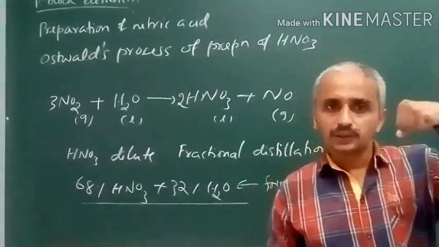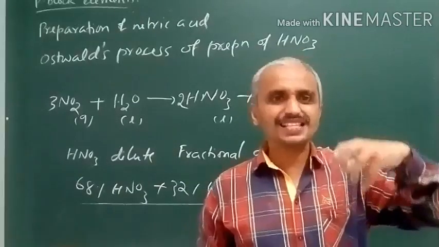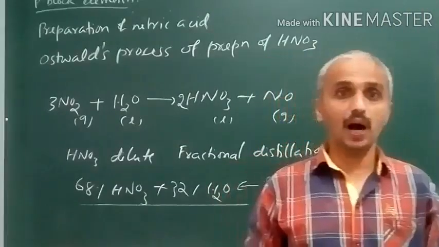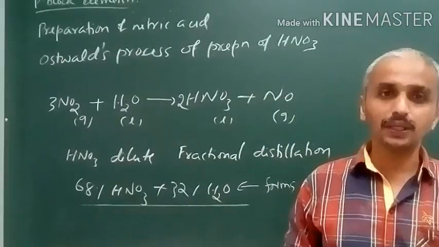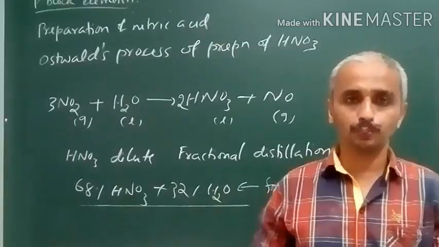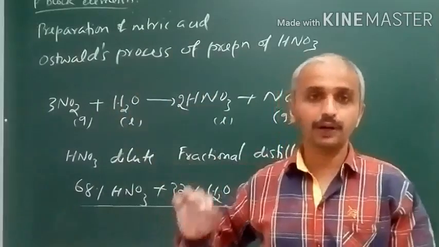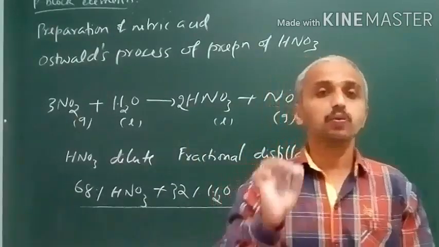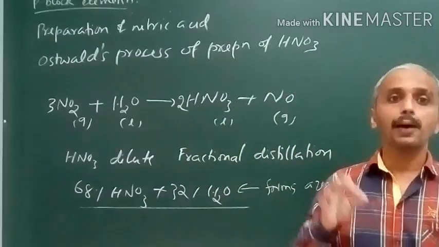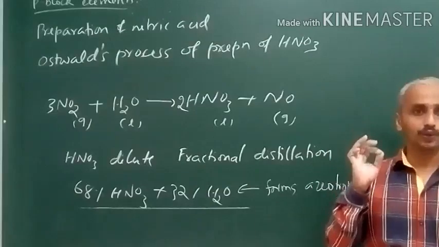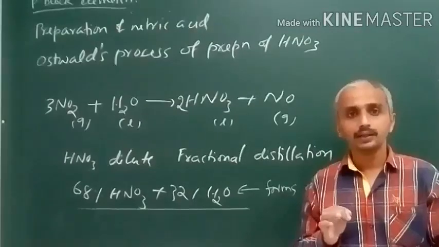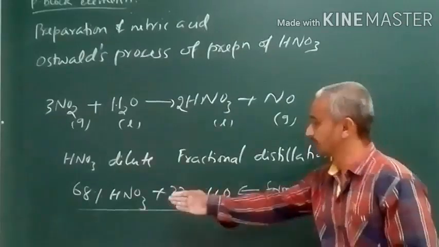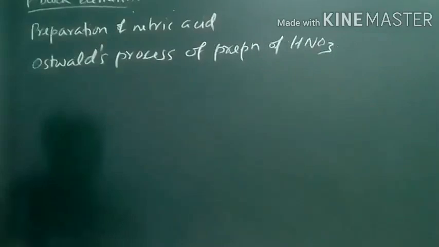If the boiling point of the azeotropic mixture is lower than the constituent components, then it is a minimum boiling point azeotrope. The minimum boiling point azeotrope is formed by a non-ideal solution with positive deviation. The maximum boiling point azeotrope is formed by a non-ideal solution with negative deviation. This is of negative deviation only.